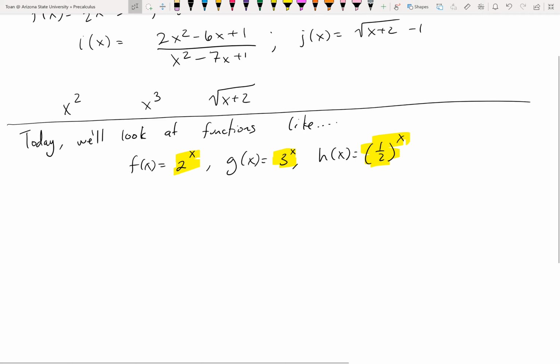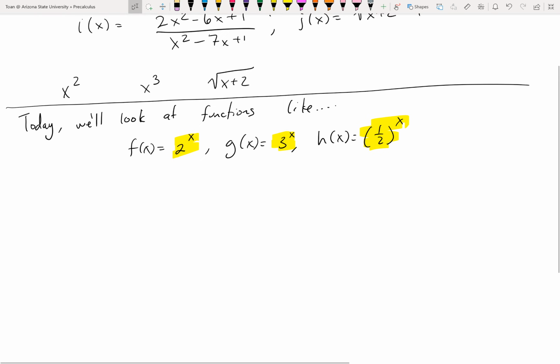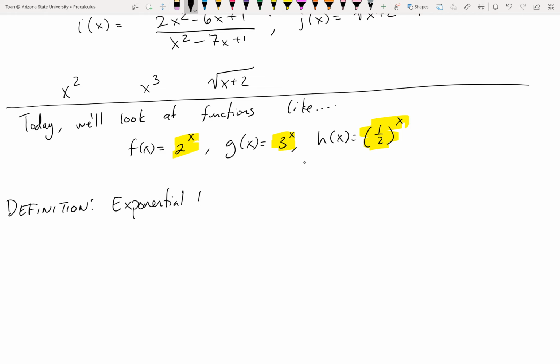So let's go ahead and write down the formal definition of an exponential function.